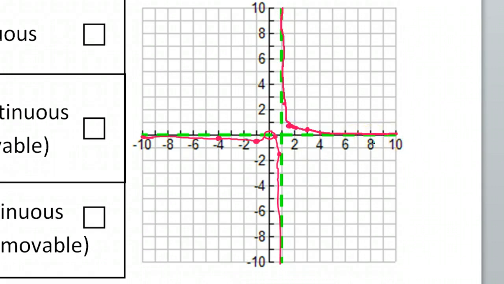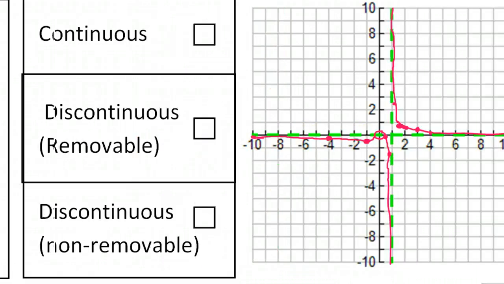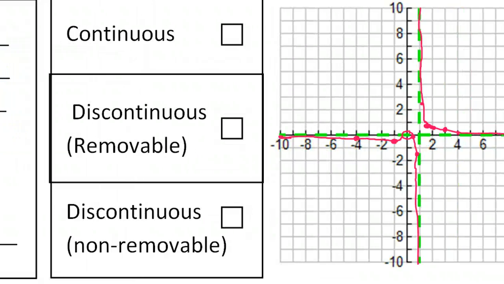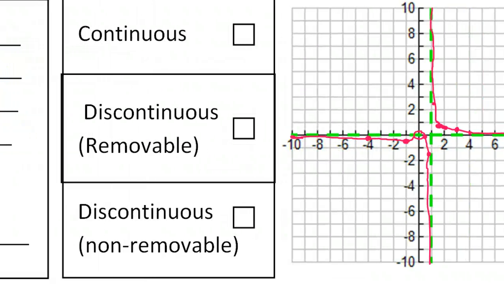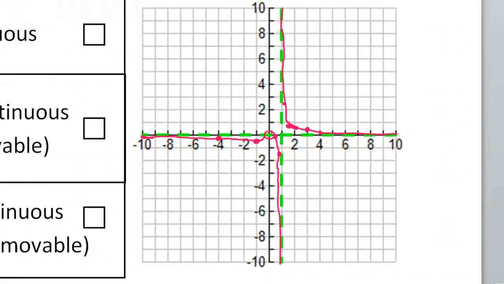Okay, that's the idea. So, the domain. It's tempting to say the domain would be negative infinity to 1, and then 1 to infinity. But watch out for the hole that's here. So I have to say negative infinity to 0, and then 0 to 1.